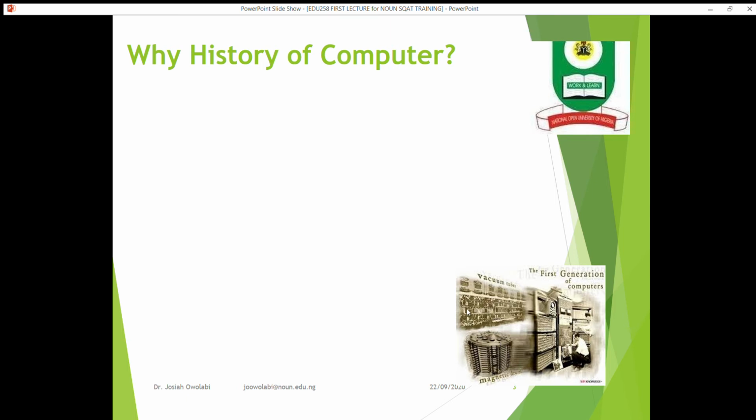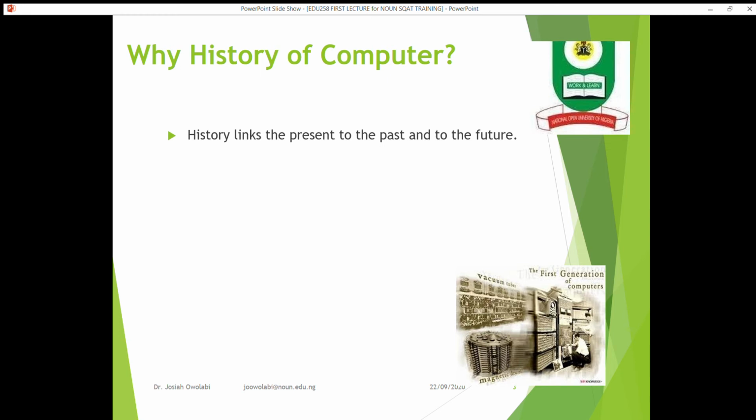It's not like what we have today, that you can even use your two fingers to hold a computer up. This was where they started. But then, this was not even where it actually started. So, why do you need to know the history? We will get back to where it actually started. Why bother about history?